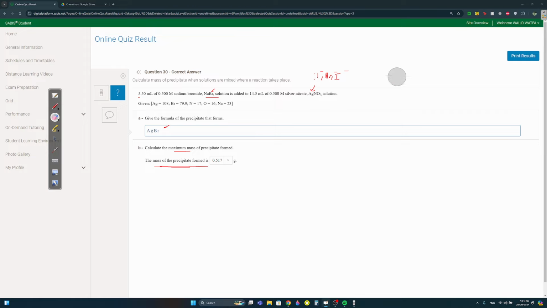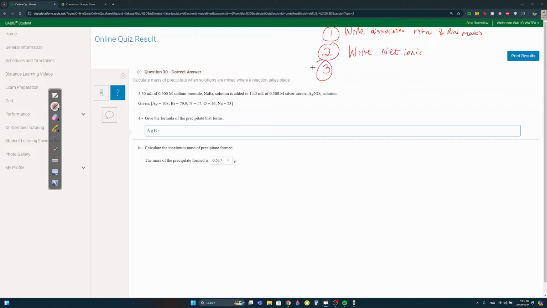First thing, what I like to do, write the dissociation reaction of each one and find moles. Remember the steps from grade 10. Write dissociation reaction and find moles. After you find moles, write the net ionic.